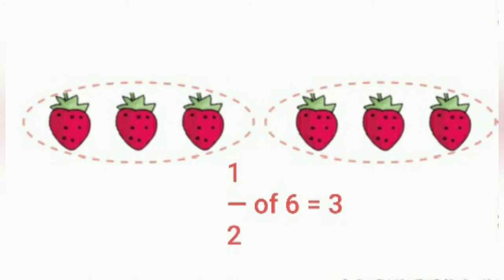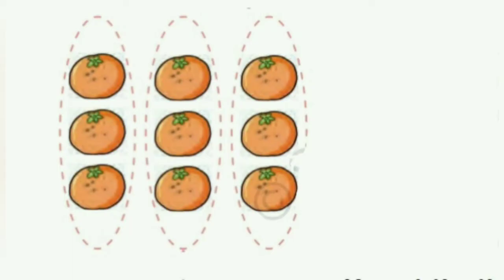Let's see another example. Here we have 9 oranges. Mrs. Sharma had 9 oranges. She gave 1/3 to her neighbor. So how many oranges did she give to her neighbor?